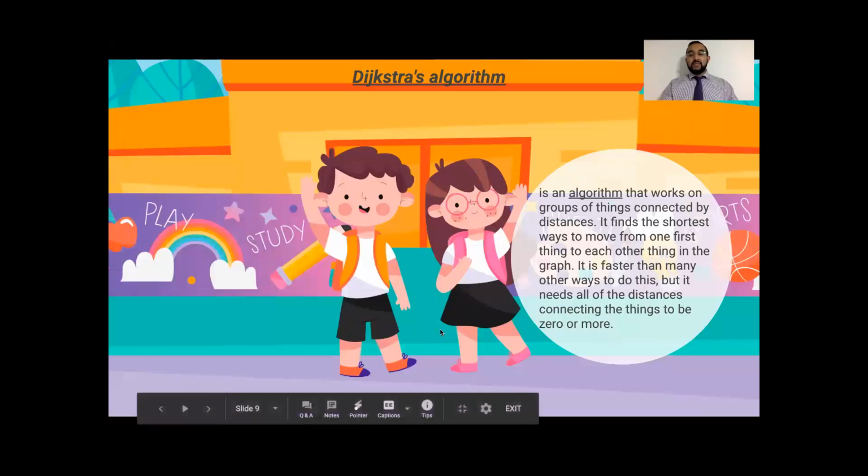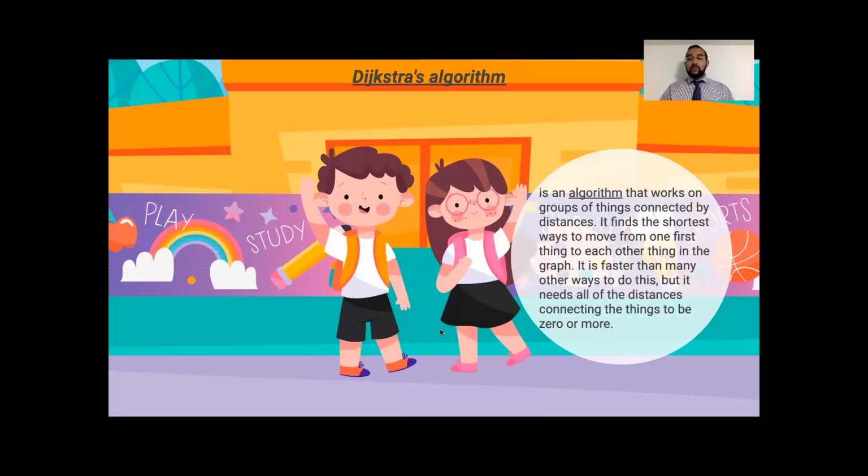So now, Dijkstra's algorithm. What is Dijkstra's algorithm? It's an algorithm that works on a group of things connected by distance. It can be a map, it can be routers, anything that can be connected by distance. It finds the shortest way to move from the first thing to each other thing, like the map that we talked about in the beginning.